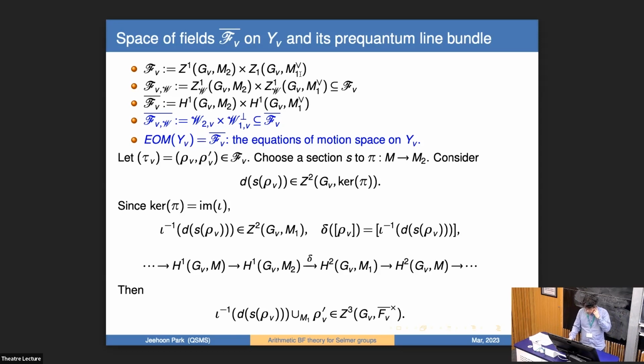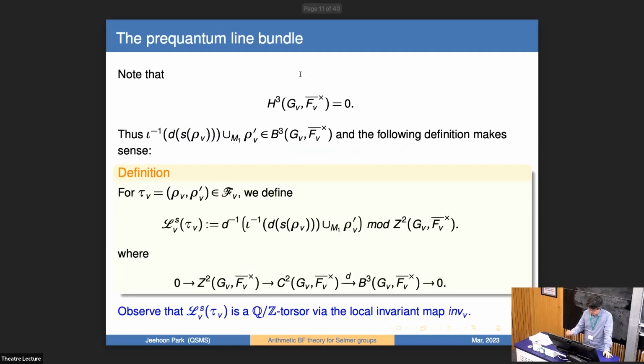Then you take the cup product with rho_v prime, because rho_v prime at the beginning was M1 dual, right? So this one, iota inverse ds rho_v, has value in M1, but rho_v prime is M1 check, so you can take the cup product. Then you will end up with an element of C3(G_v, F_v star), right? Then we use the fact that the cohomological dimension of G_v is 2. So note that it's two-dimensional stuff.